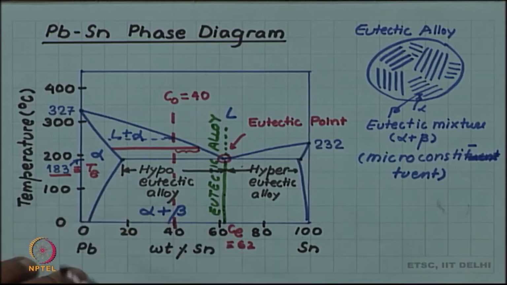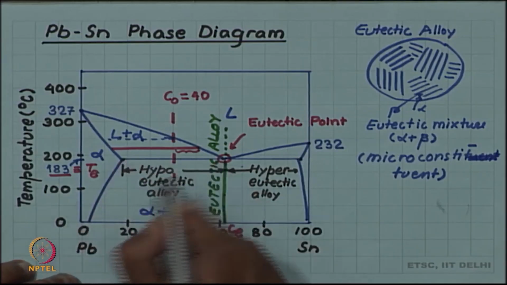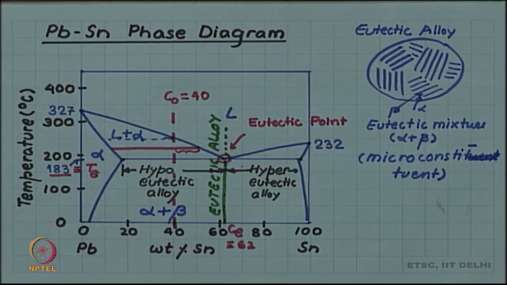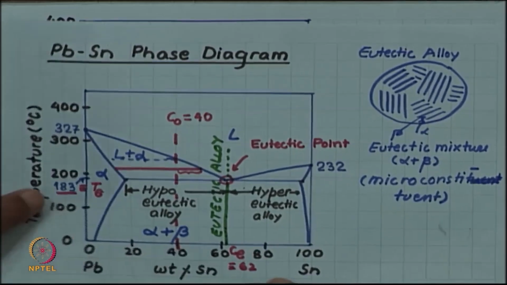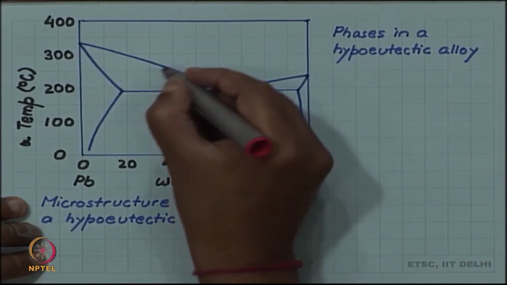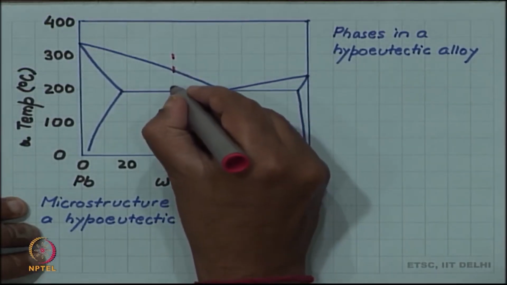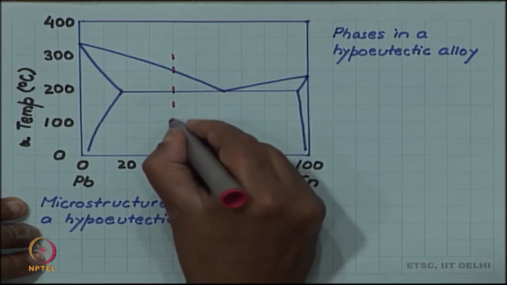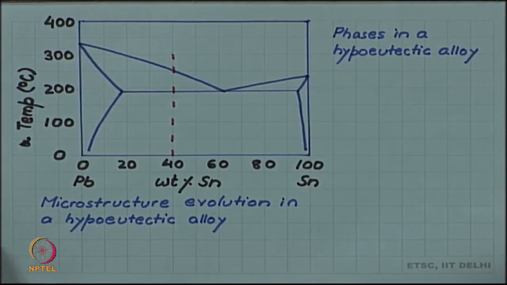So, as you cool, more and more alpha will form, and this process will continue till it reaches the eutectic horizontal. So, let us continue this discussion on a different diagram. We are considering this alloy, the 40% alloy, which is our hypoeutectic alloy.